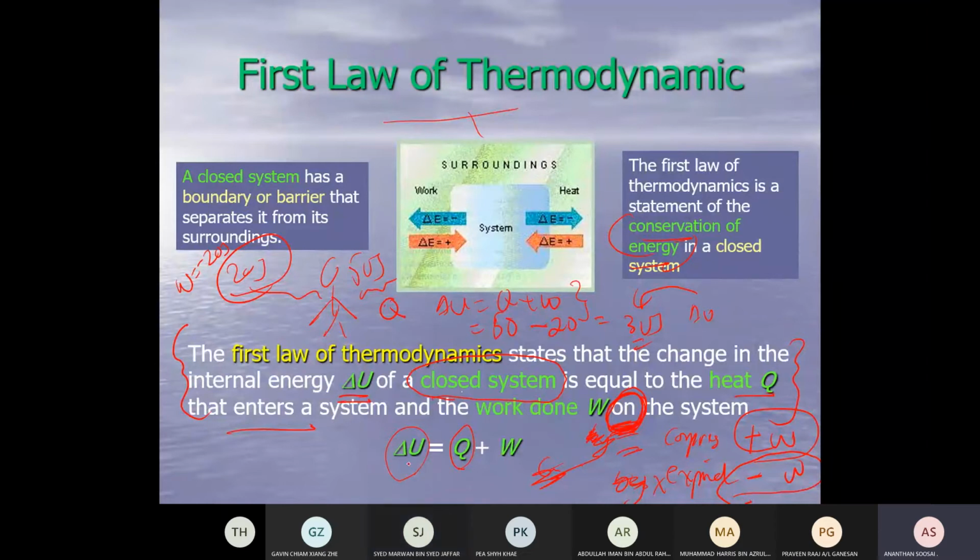Do we want the internal energy to rise, or do we not want it to rise? Is it good or bad for us? Anyone? You have a gas system, you heat the gas, and the gas converts the energy you supplied into internal energy. Is it good or bad for humans?